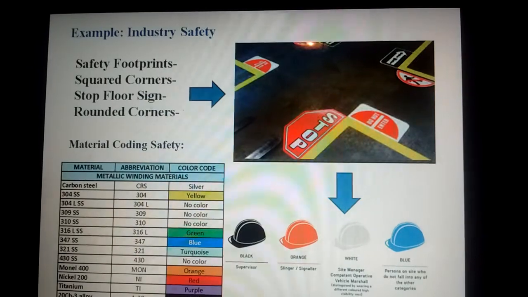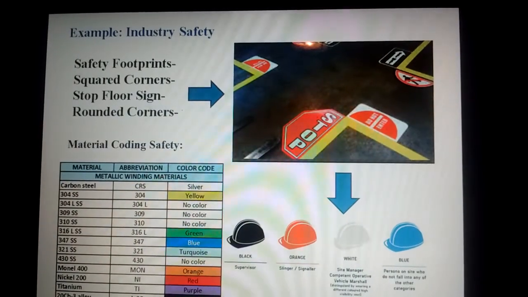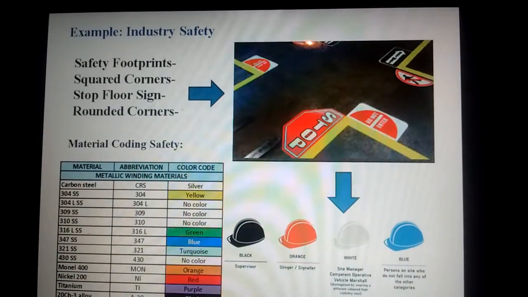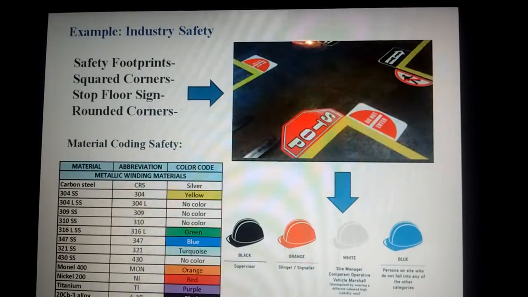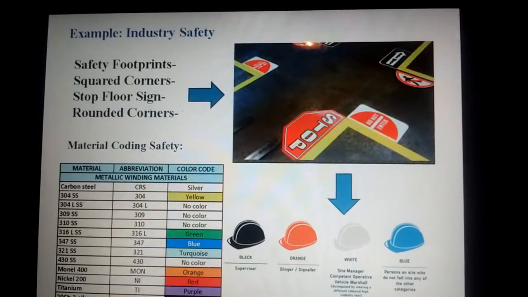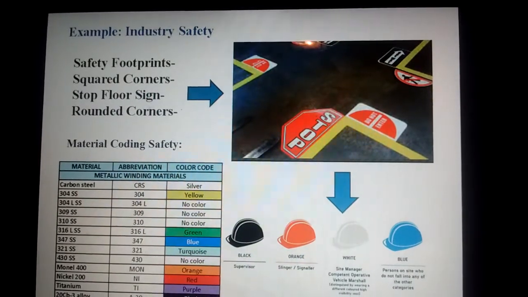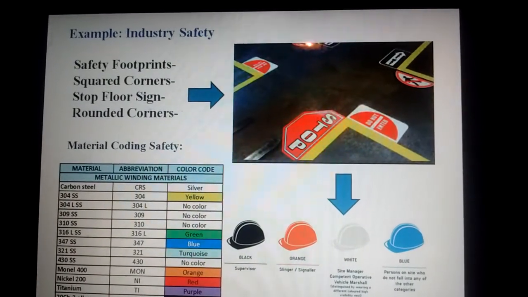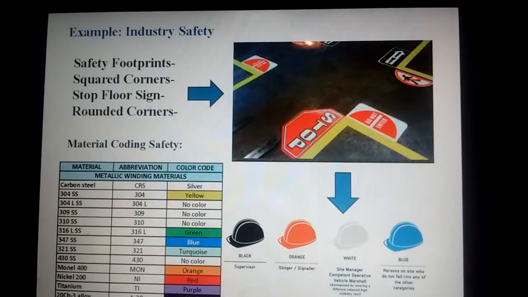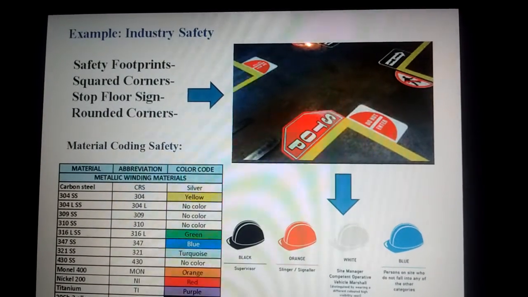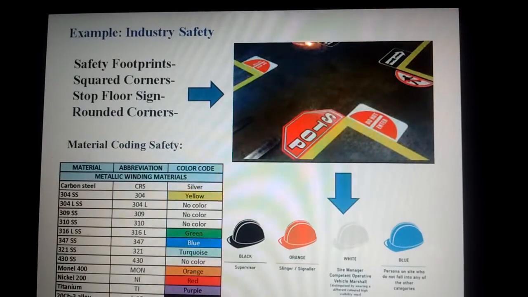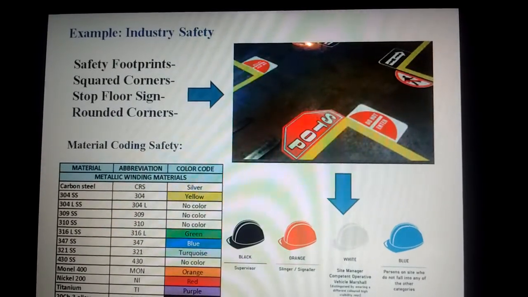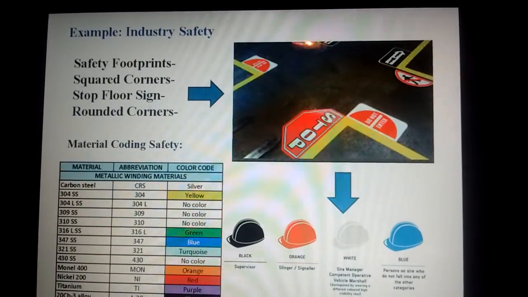Even some color coding is also given for the industry, for different materials, for environmental safety, for manufacturing safety, for selection of the proper material. Here a typical example is given: for carbon steel, silver color is given, for 304 SS yellow color is present, for 316L SS green color is there.